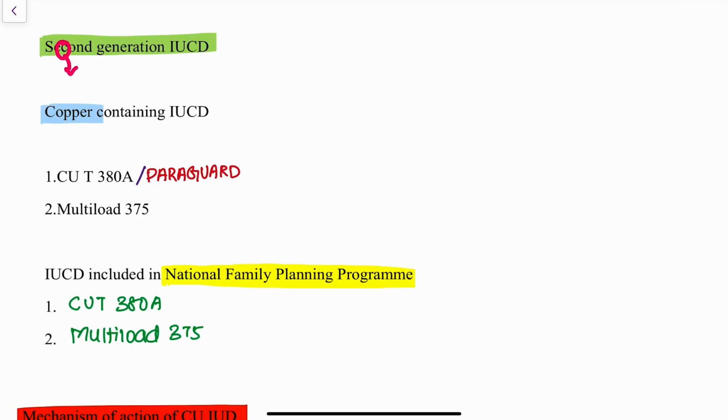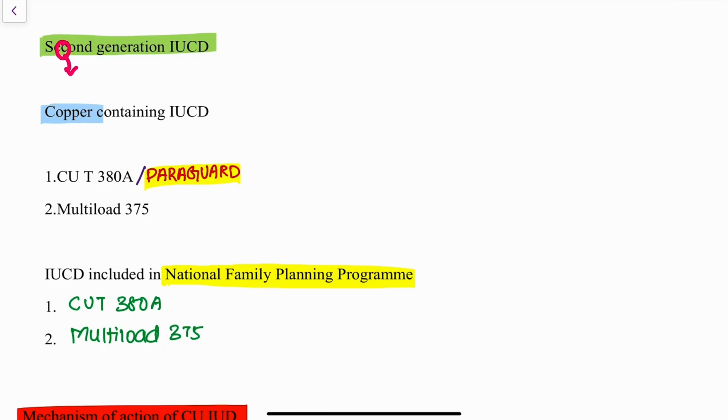Okay, so under copper containing intrauterine contraceptive devices, we have two devices available with us. One is the copper T380A, which is also called Paragard, and the second one is the multi-load 375. Both are copper containing intrauterine contraceptive devices.